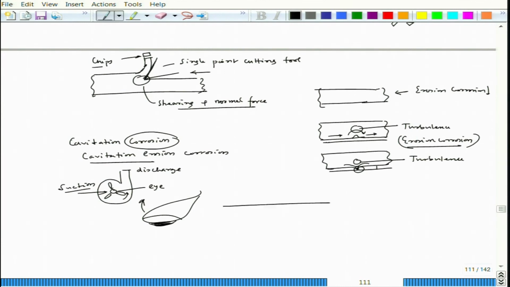Now, let us say a bubble is there, and that bubble forms when there is a pressure difference.